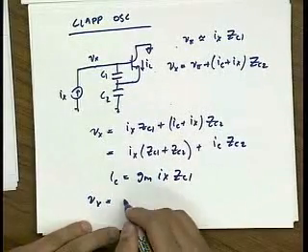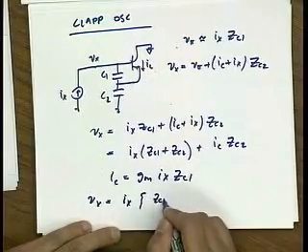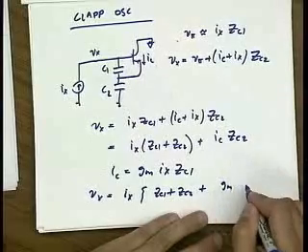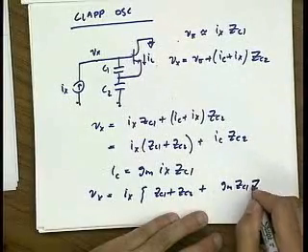So in other words, Vx is Ix ZC1 plus ZC2 plus GM ZC1 ZC2.